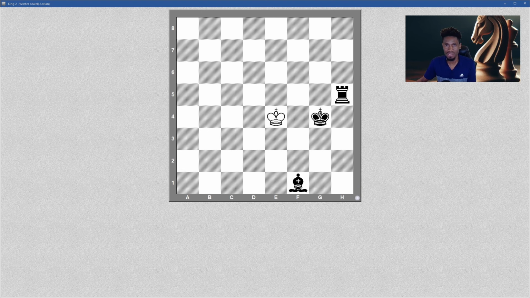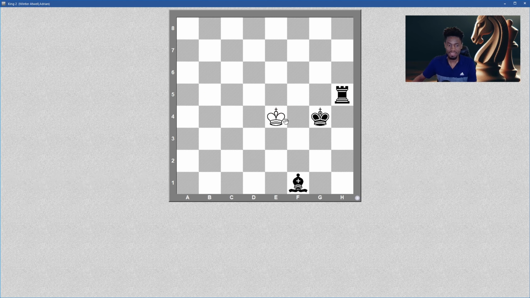Let's look at the white king. First, I will show the squares that the king cannot go. The king, in this case, cannot go up, neither here, here, or here, because of this rook. This rook is controlling the whole rank. Therefore, the king cannot go up there.